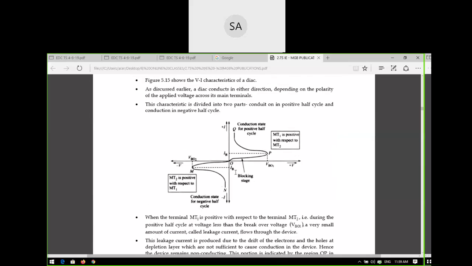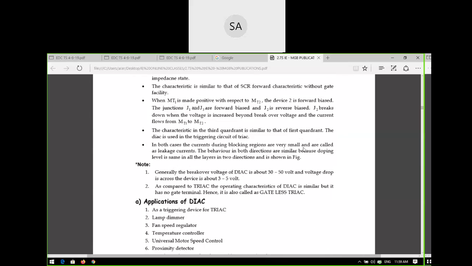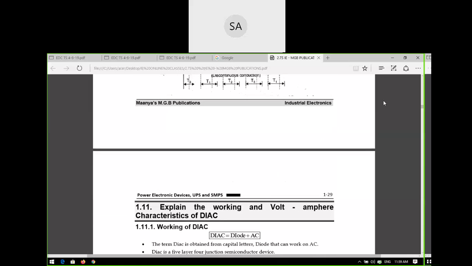Is it clear, all of you? Respond. Ritesh, Vaishnavi, are you listening or sleeping?